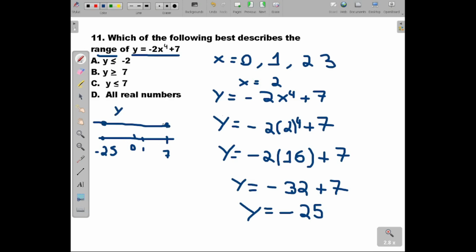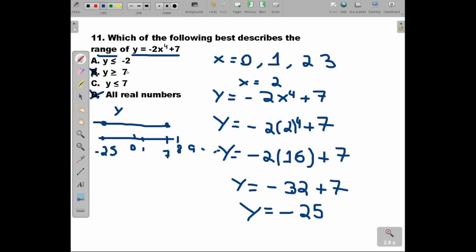But from here we can find the answer. It's not all the real numbers because it cannot be bigger than 7. So it cannot be 8 or 9 and so on.